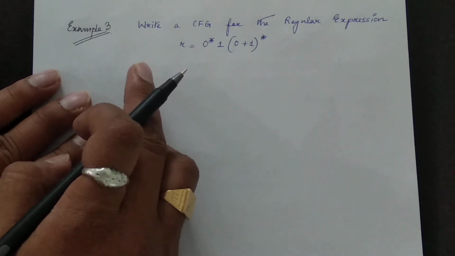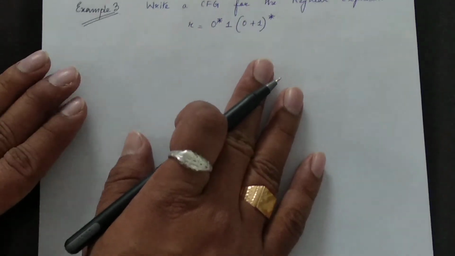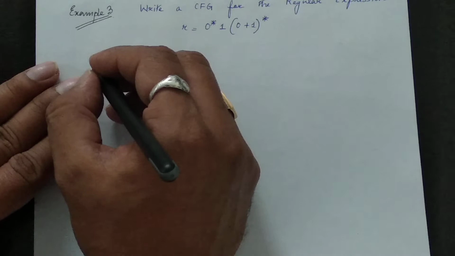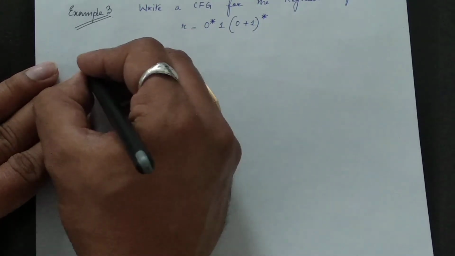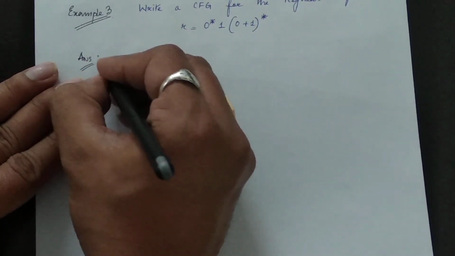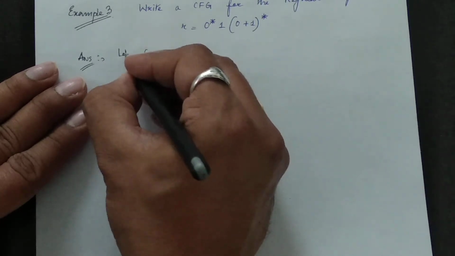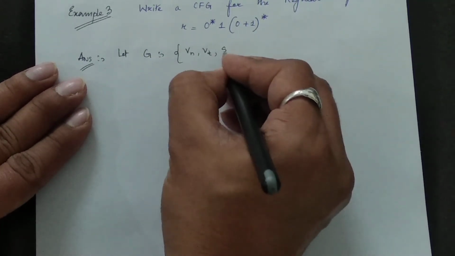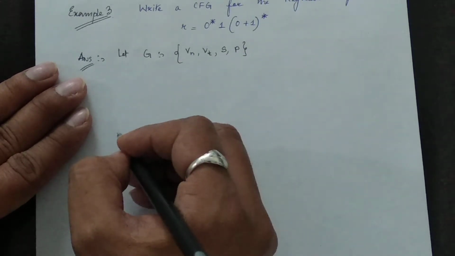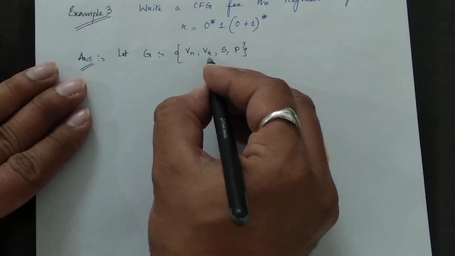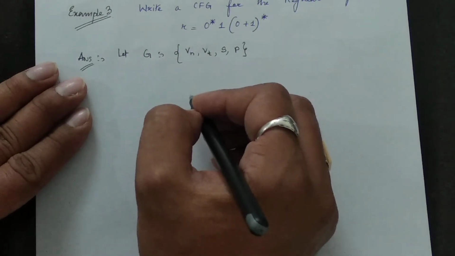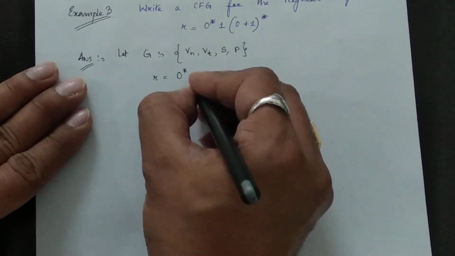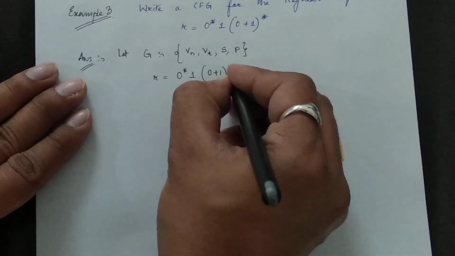Okay, so let me start off with the solution. Hope you have paused the video and you have got the answer. So the answer here: same way, let G be the grammar with 4 tuples Vn, Vt, S, P. Now I don't know what Vn, Vt, S, P are, so what I will do is take this regular expression 0 star 1 (0 plus 1) to the power star.